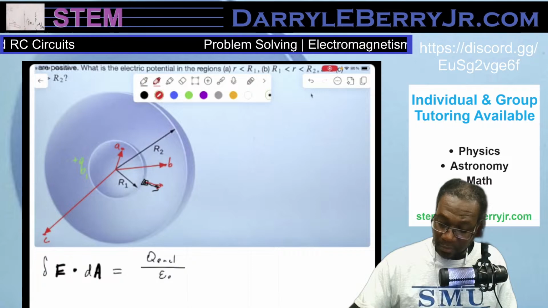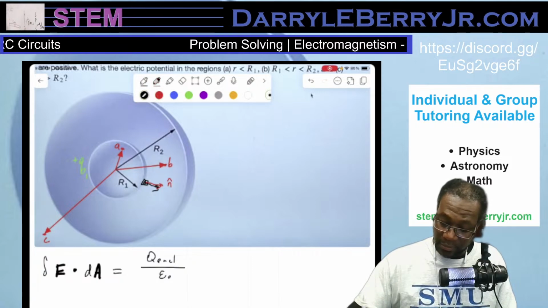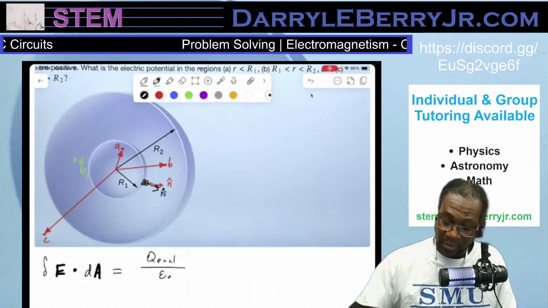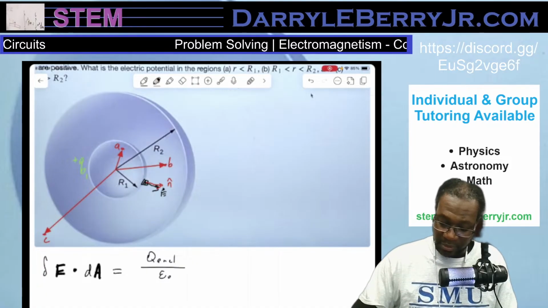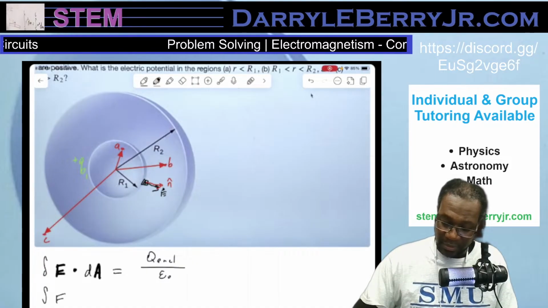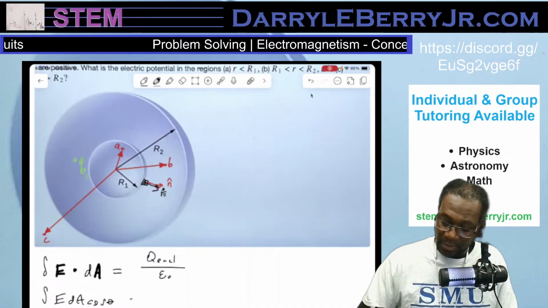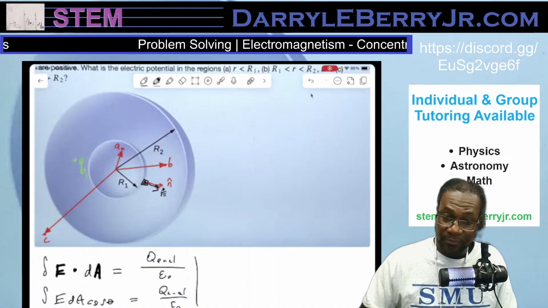So you can also call this N and this E. So that means we can simplify this and say it's E dA cosine theta equals Q enclosed over epsilon naught.